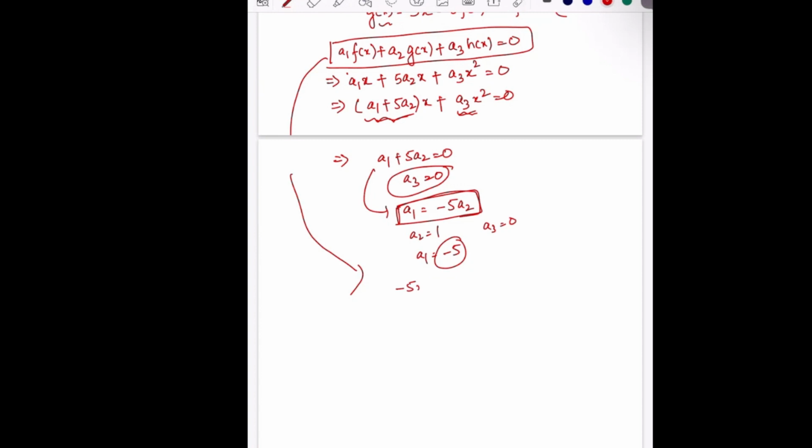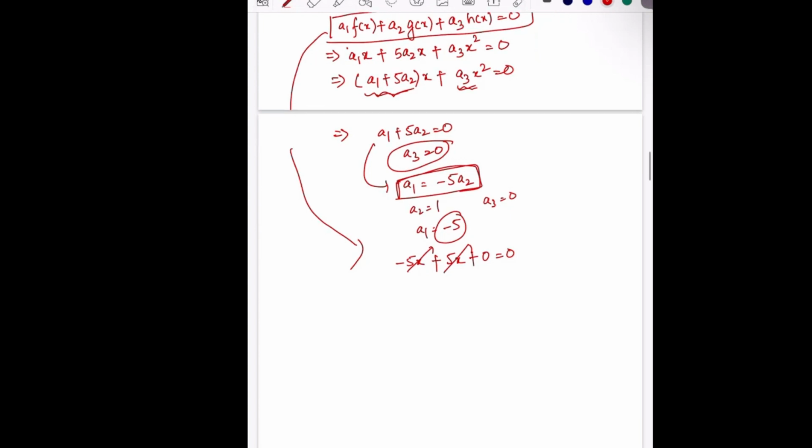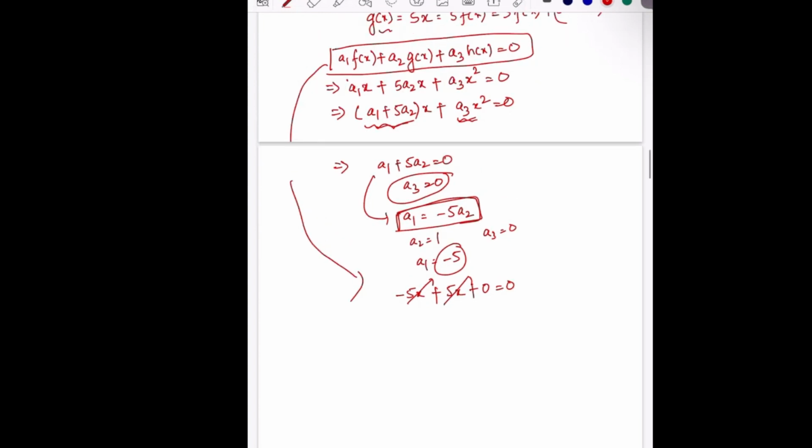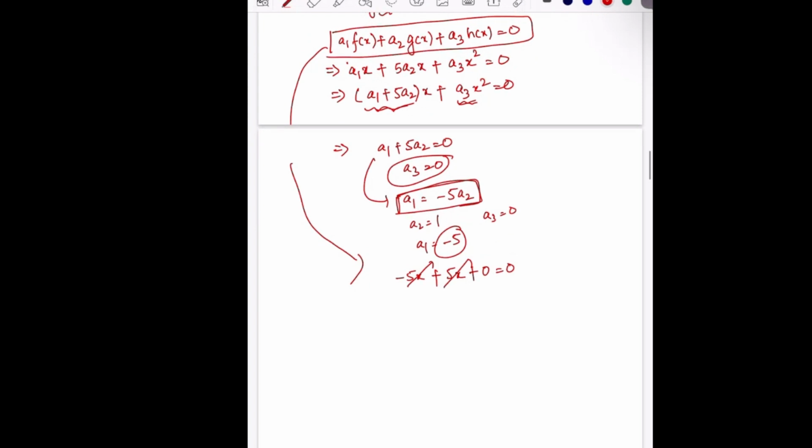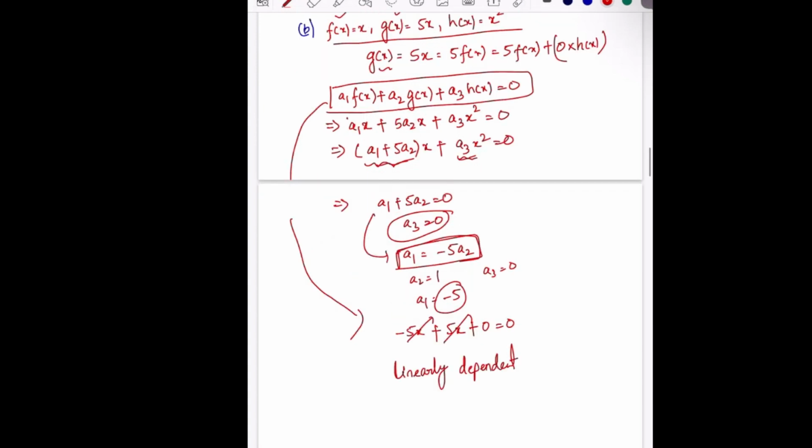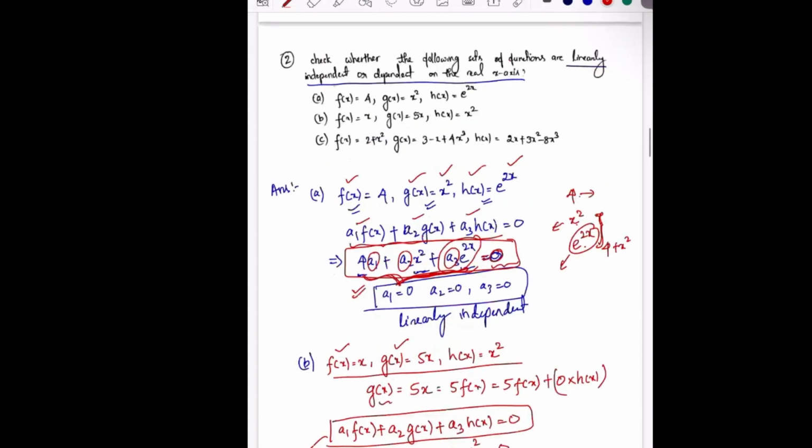So it is -5x, g of x is 5x, a2 is 1 so it is 5x, and a3 is 0. So this itself gives 0 for non-zero values of a1, a2 and a3. That's why we are saying that these three vectors are linearly dependent. I think this one is also clear.